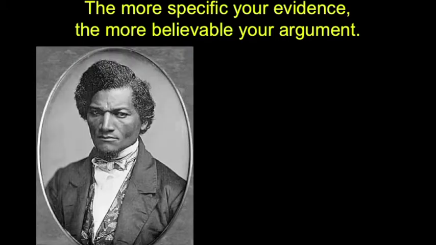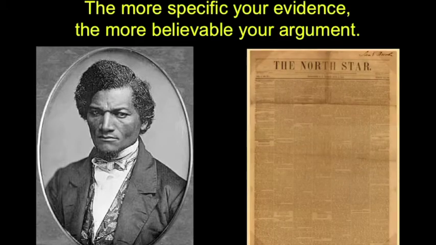Rather than writing some escaped slaves founded newspapers, specify Frederick Douglass founded the abolitionist newspaper, the North Star, in Rochester, New York in 1847 after escaping from slavery in Maryland. You get the idea. The former statement is a C-level piece of evidence, the latter A-level.